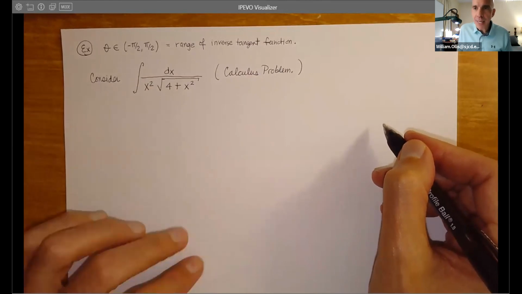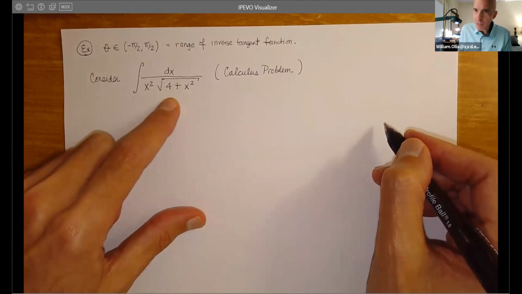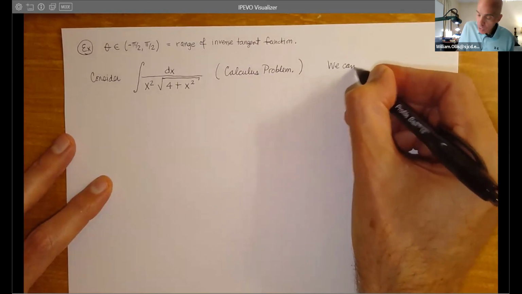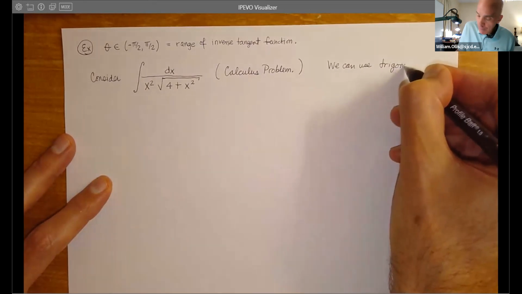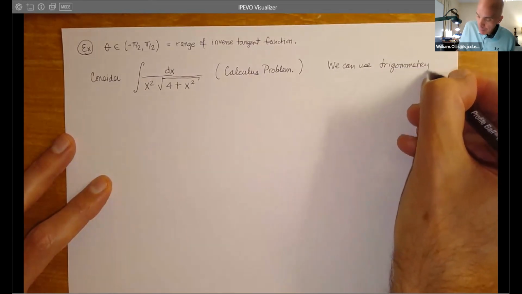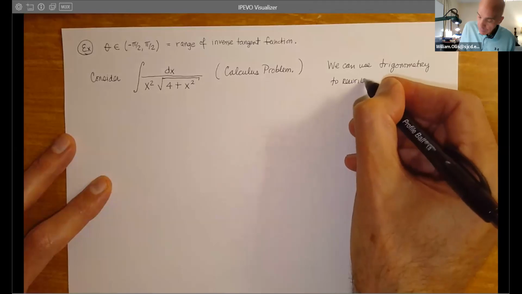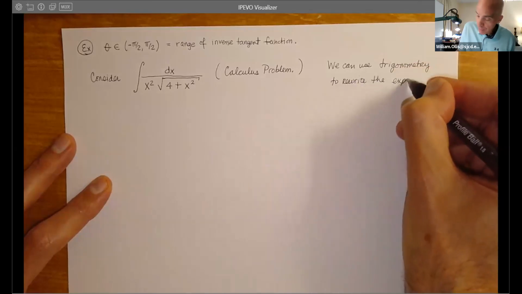Well, we're not going to do any calculus here, but we're going to rewrite what I initially wrote, the 1 over x squared times the radical. So we can use trigonometry to rewrite the expression in x.